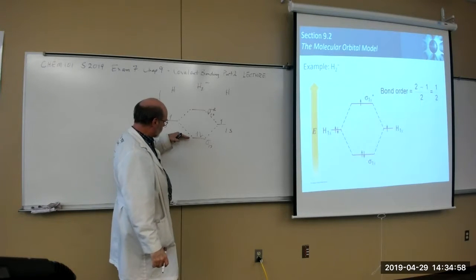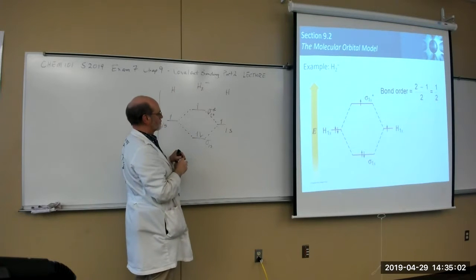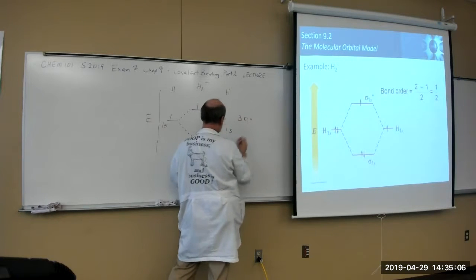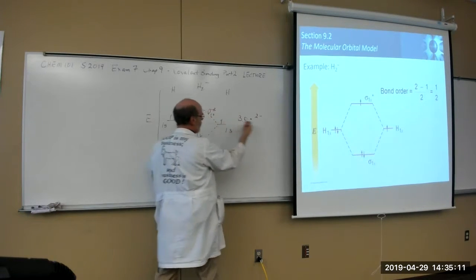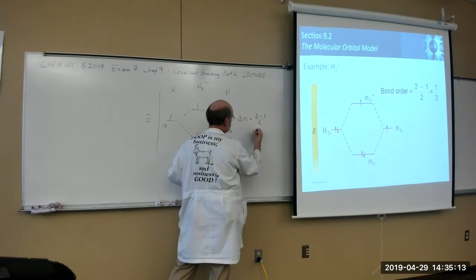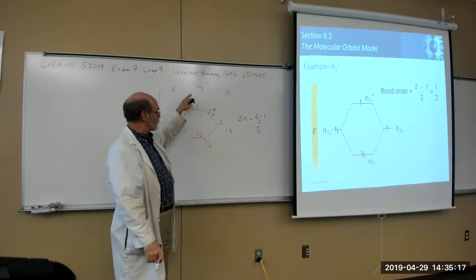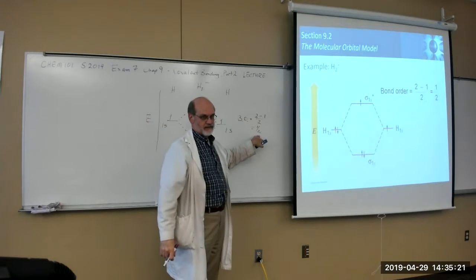Well, it goes to the next energy level, so it has to go here, right? So what's the bond order now? Well, it's 2 minus 1 anti-bonding divided by 2 equals 1/2. So by adding an electron to this molecule, we have weakened the bond from a 1 to a 1/2.